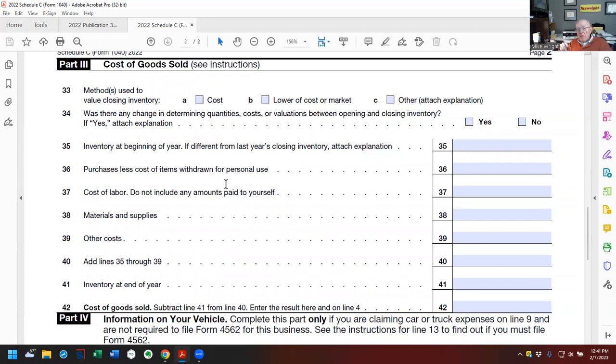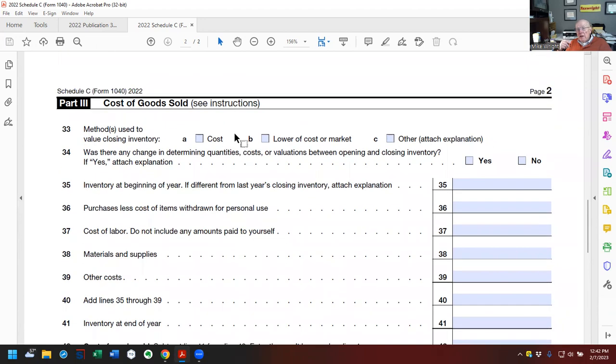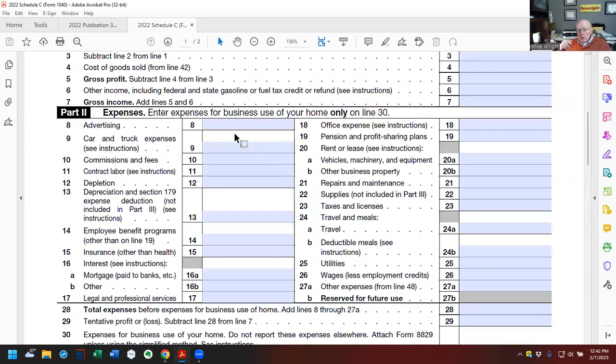So the fact that some of the depreciation costs, particularly depreciation that relates directly to those items that are part of the source of income or the creation of the income, are reported here rather than on page 1, which is in part 2 of the expenses.